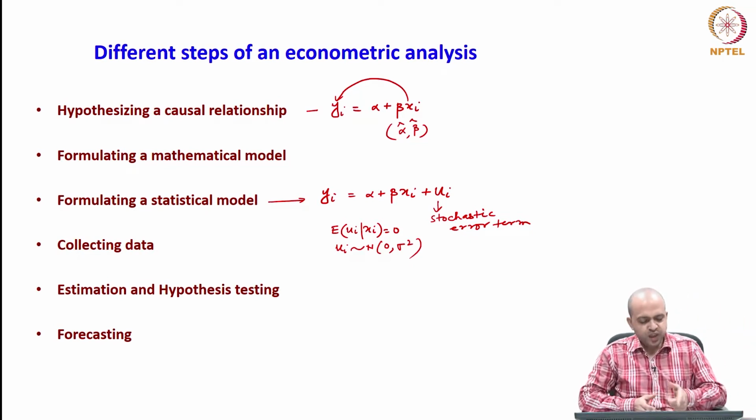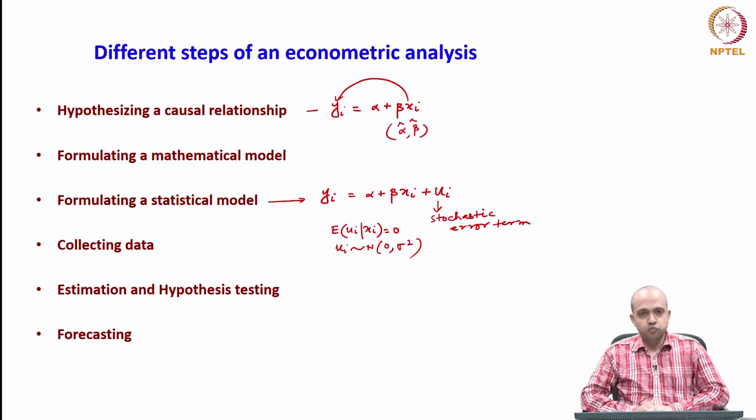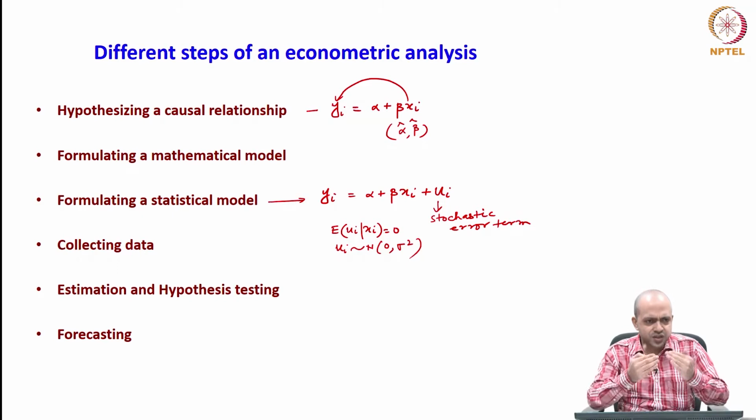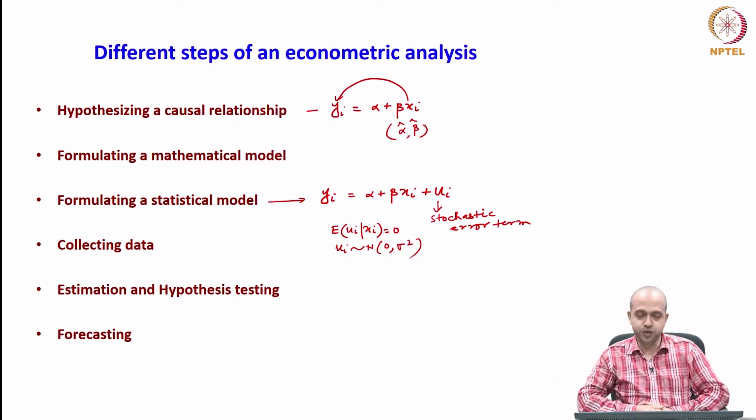So, you can now use this alpha hat and beta hat value for prediction. You can use this model to predict somebody's consumption for a given level of income, or predict what amount of income is required to sustain specified values of consumption. And these estimates can then be used for policy making.